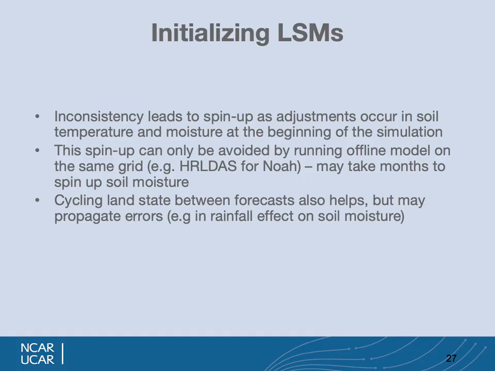An alternative is to cycle the land state between forecasts, which also helps, but also propagates errors. If you have rainfall in the wrong place, the soil moisture will be in the wrong place in the next cycle. So it's always advantageous to either use an analysis soil moisture, which has been driven by the correct rainfall, or use HRLDAS to spin up, and somehow HRLDAS has already got the correct rainfall as well.